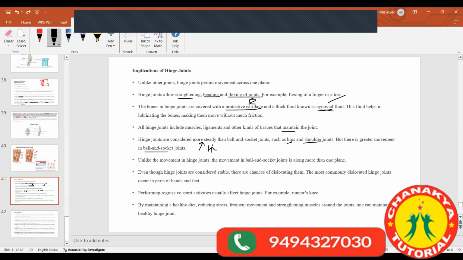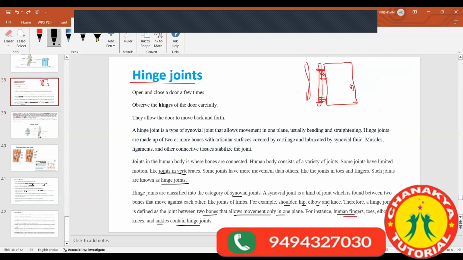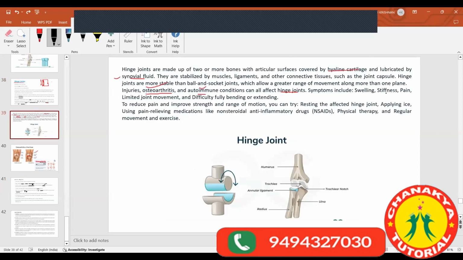Unlike the movement in a hinge joint, the movement in a ball and socket joint is along more than one plane. Even though hinge joints are considered stable, there are chances of dislocating them. We saw on this page also that they are stable joints.